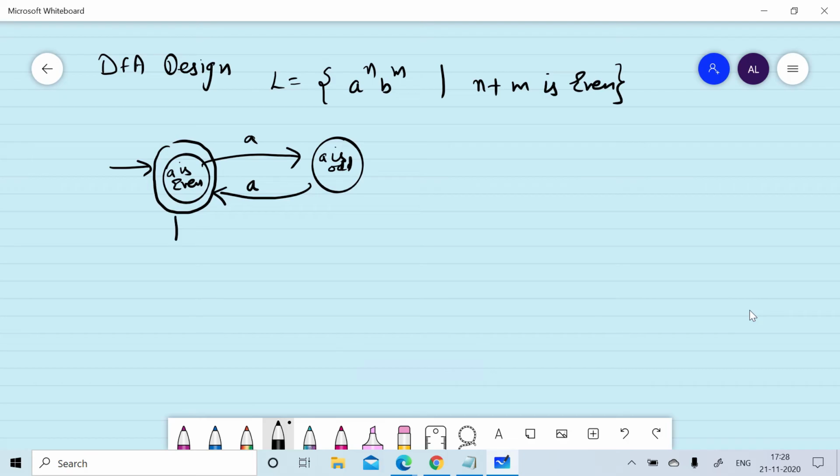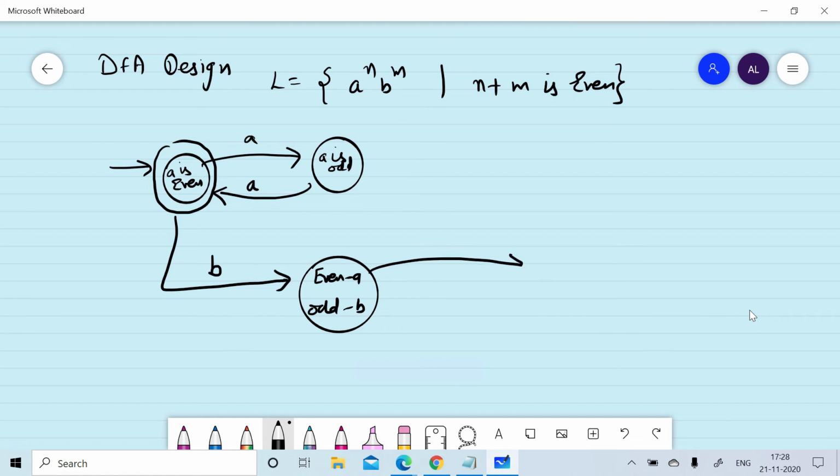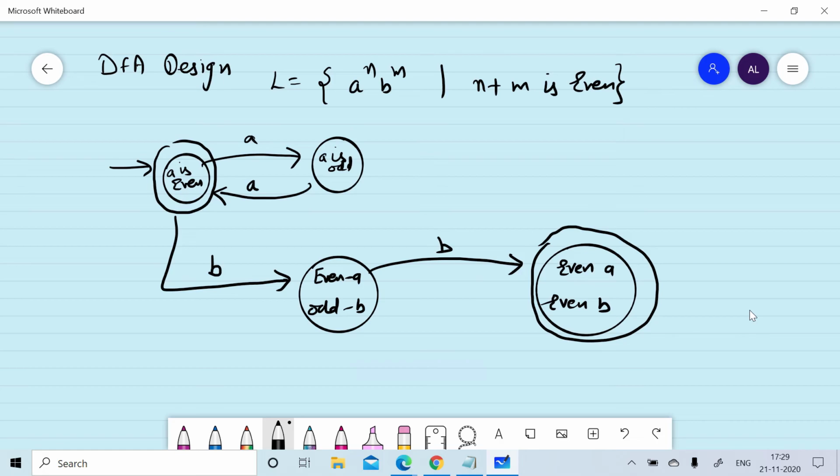Once I read a b, after that I cannot read a, so it represents the state where a is even and b is odd. And if we read another b, it becomes even a and even b, and this can be the final state. And if I read b on this state, we can move back to this state, even a odd b.